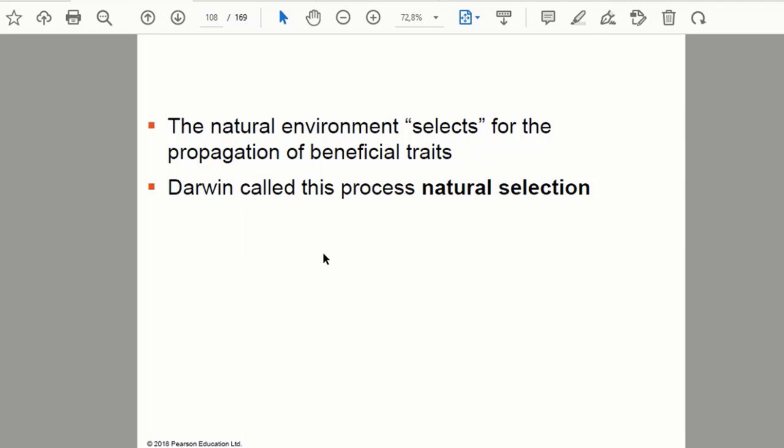That's the process Charles Darwin referred to as natural selection, where the environment itself selects the propagation of beneficial traits. Individuals with advantageous traits pass them on to their offspring and descendants, and those traits will dominate their descendants in the future. That's natural selection, as explained there.